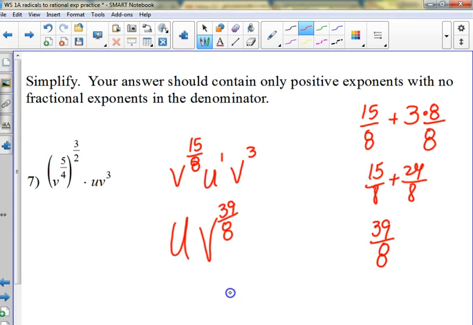And let's leave it at that, but does anybody know how that would look if we wrote it as a radical? How many times does it go into 39? 4 times. And how many are left over?